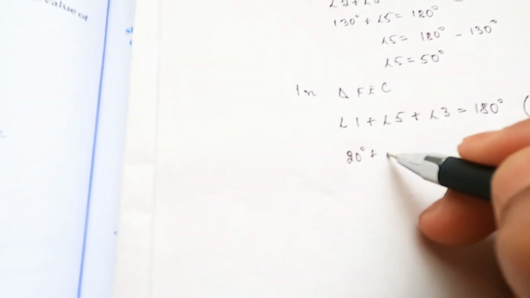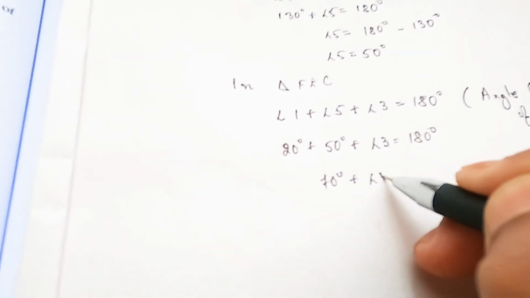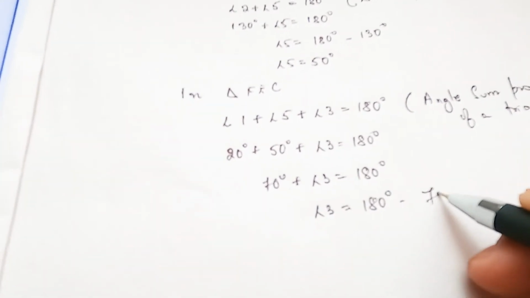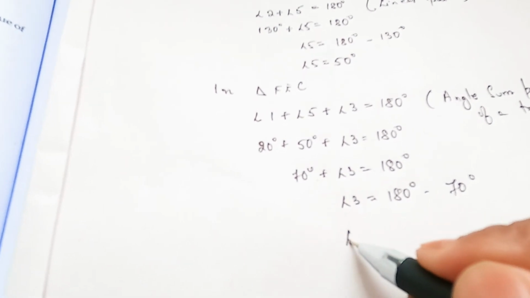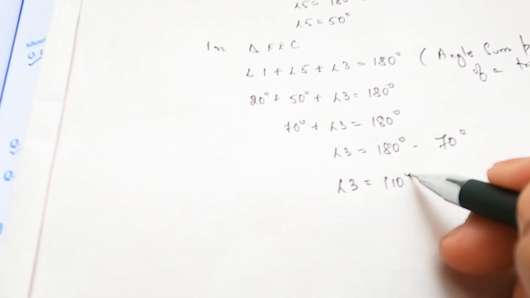So this will be 20 plus 50 plus angle 3, so it will be 70 plus angle 3 equals 180. So angle 3 will be 180 minus 70. Therefore the measurement of angle 3 will be 110.